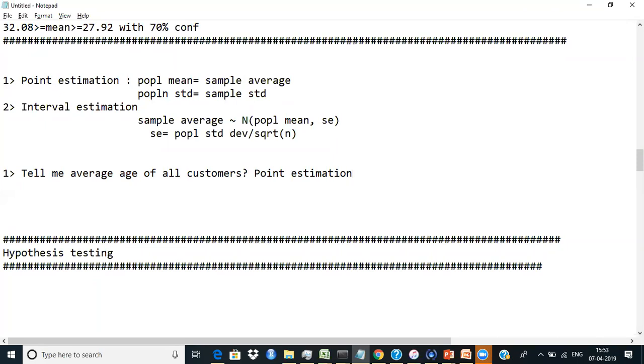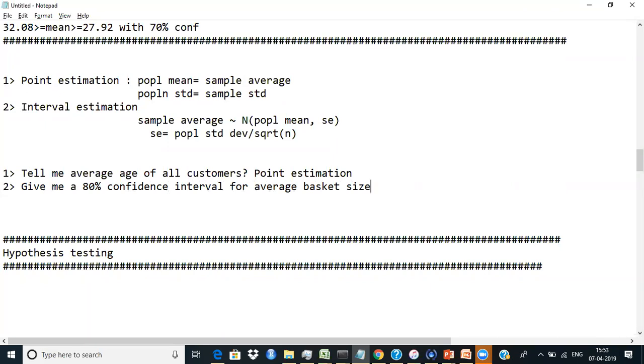Now, the second kind of question is, give me an 80% confidence interval for average basket size.